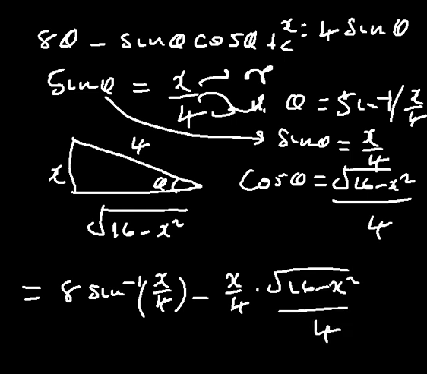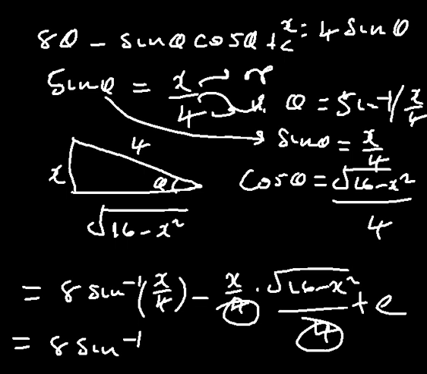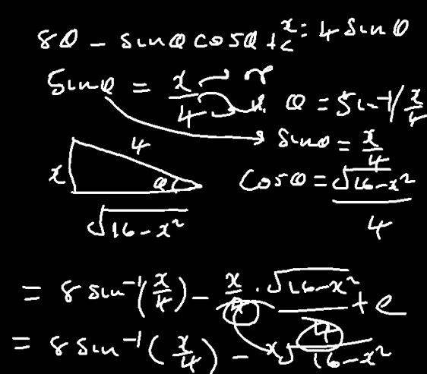Of course, we can multiply this, that will be given as 16, and by the way, plus c here. Therefore, 8 sine inverse of x over 4, and thus minus x times the square root of 16 minus x squared divided by 16 (after the 8 is applied), and plus c at the end. We should have that.